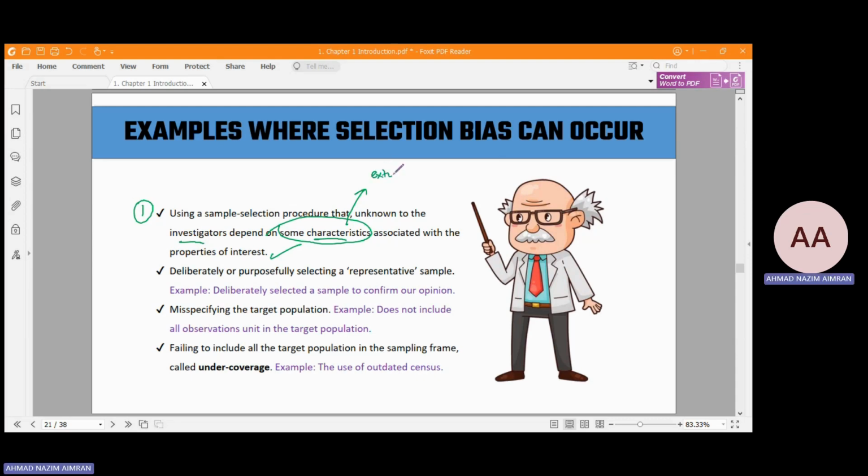The first one is extrovert and introvert. These two types of people possess different characteristics. So those who are extrovert tend to have no problem cooperating with us and becoming part of our survey.